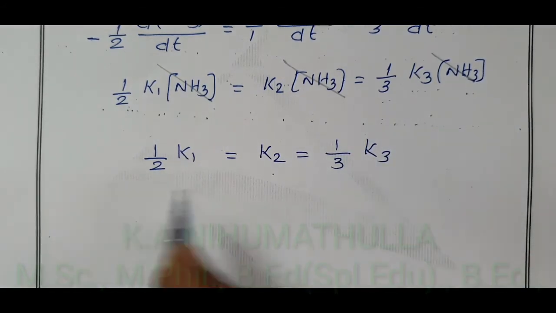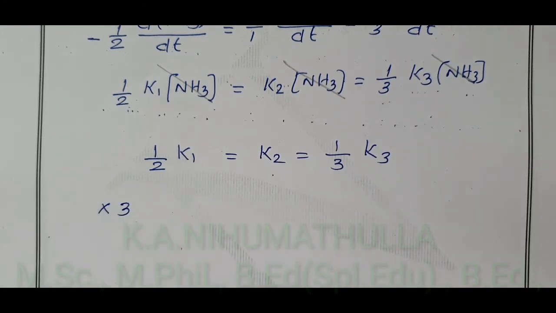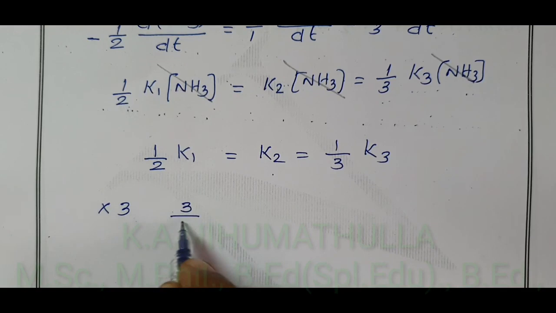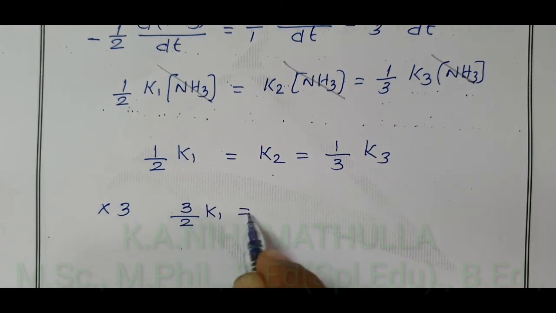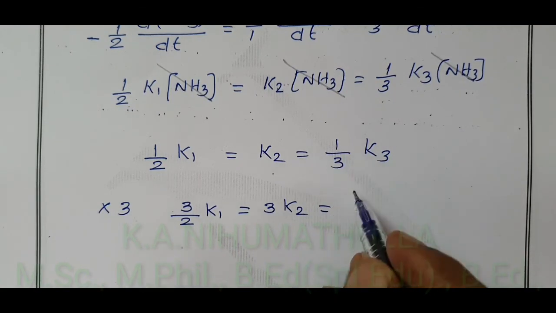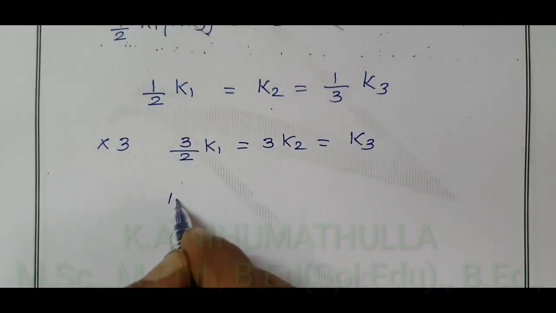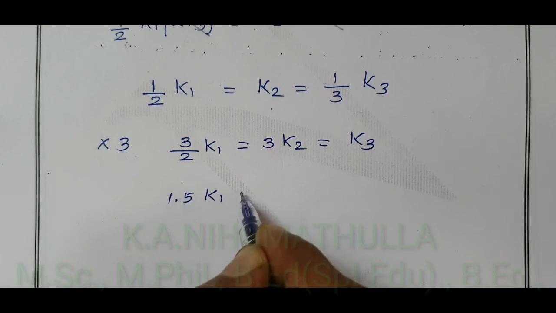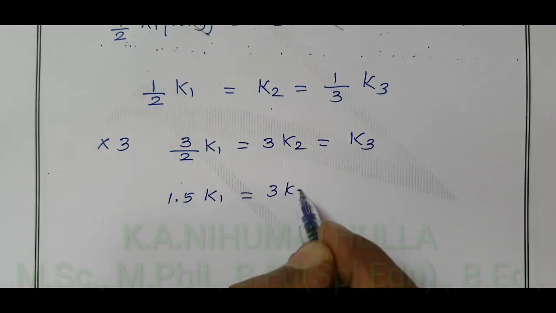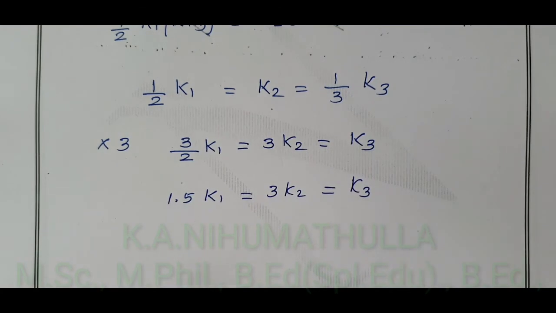When you multiply the whole equation by 3, the equation becomes 3 by 2 K1 equal to 3 K2 equal to 3 by 3, that is 1, K3. Or we can write 3 by 2 equal to 1.5 K1 equal to 3 K2 equal to K3. This is the relationship between K1, K2 and K3.